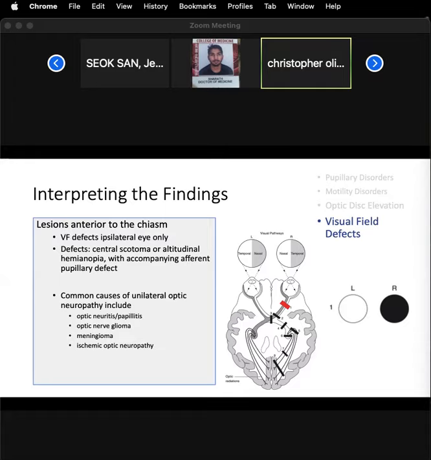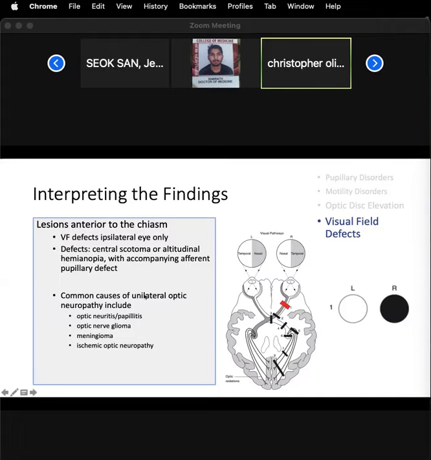So we can group these findings into lesions that are anterior to the chiasm, within or adjacent to the chiasm, or posterior to the chiasm. So this is localization using visual field. For example, you elicit that the right eye cannot see fully, and the left eye is okay. So you can localize where in the visual pathway the lesion can be.